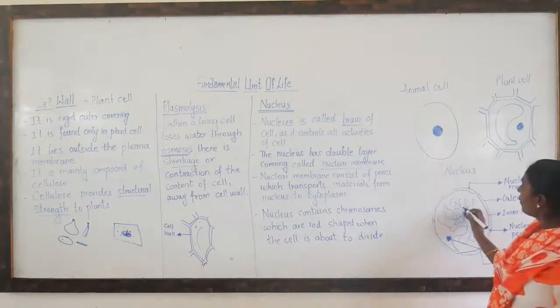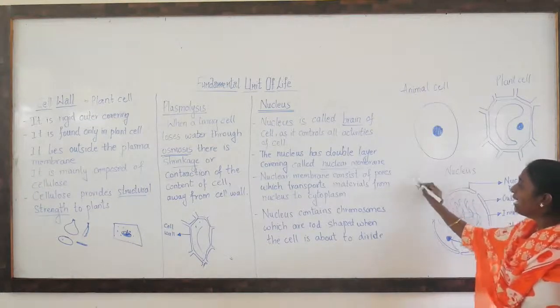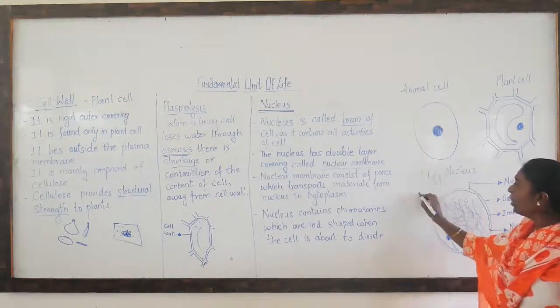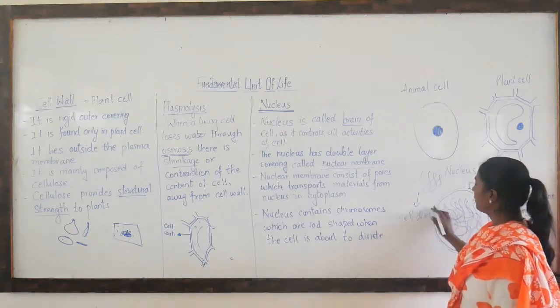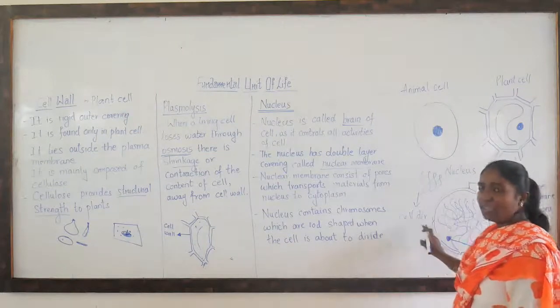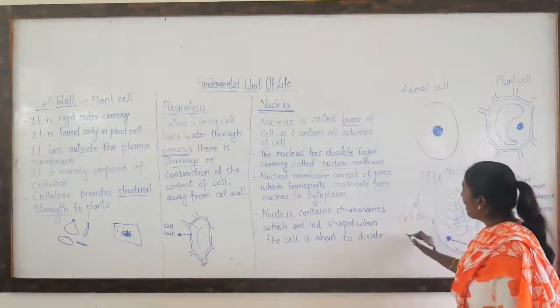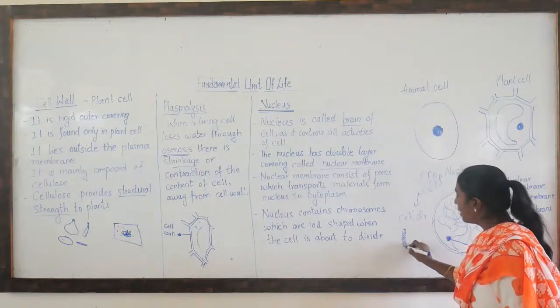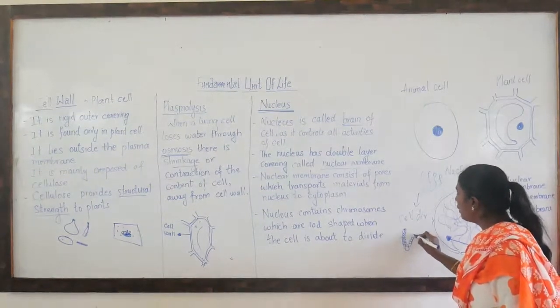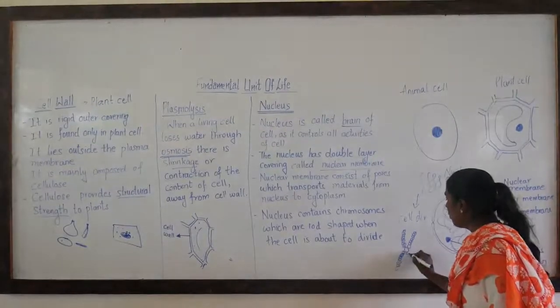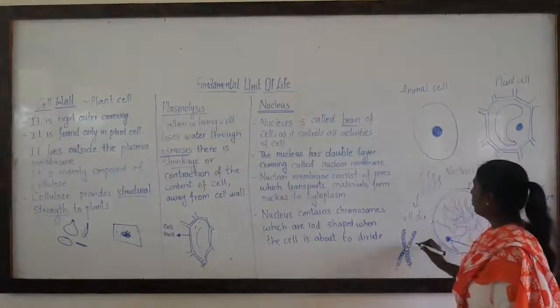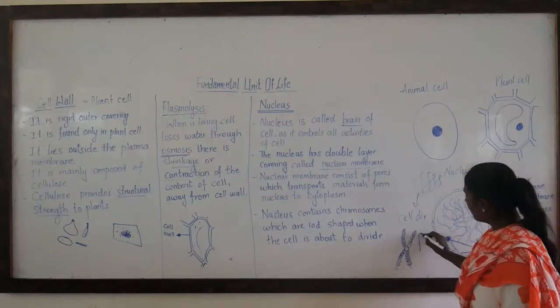Now these chromatin fibers are thread-like structures. During the time of cell division, these thread-like structures arrange themselves into rod-shaped structures. They look like this.